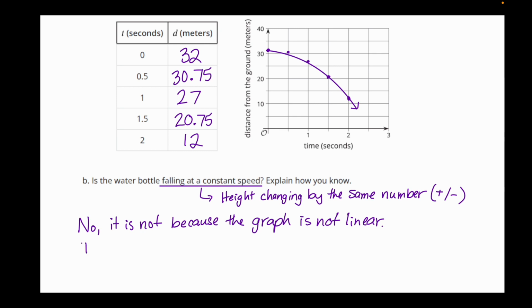We can say the water bottle is speeding up. So we've answered that question, is it falling at a constant speed, and explain how we know. And if you're not sure and you don't want to use the graph as an explanation, you can always also show the difference between each of these pieces and do some subtraction here, etc. And you'll find that those numbers are different.